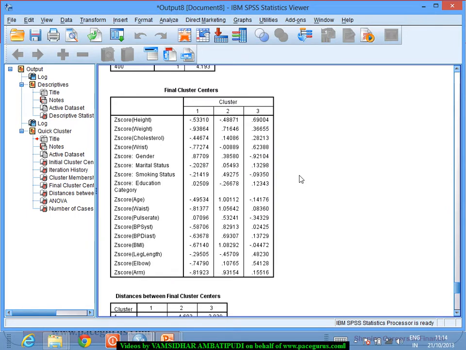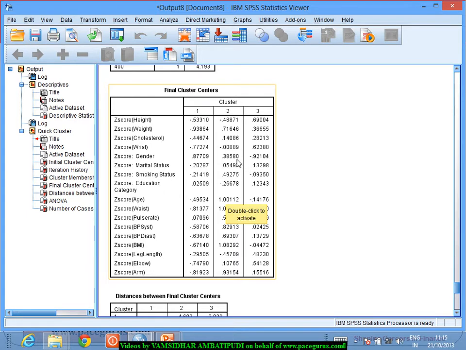So in some way I should be able to say that cluster 2 contains both males and females, because this is predominantly dominated by females, this is predominantly dominated by the males.